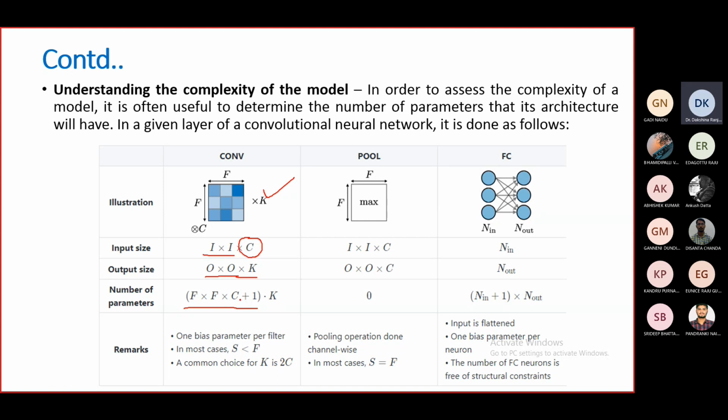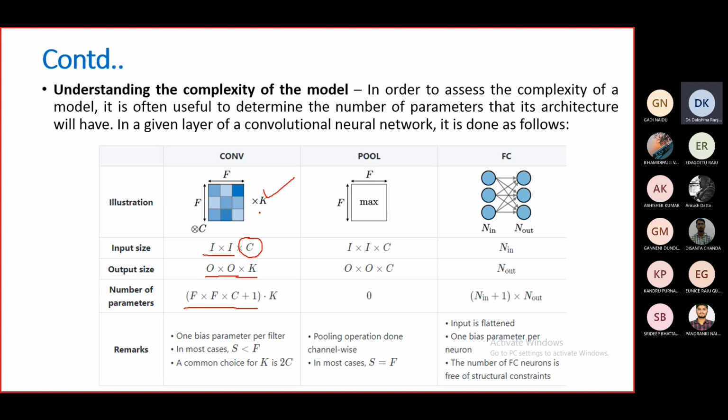Here c is the number of channels. For grayscale, the number of channels is 1. For an RGB color image, the number of channels is 3. For one filter convolved with the input volume of the image, we obtain f into f into c plus one parameters.